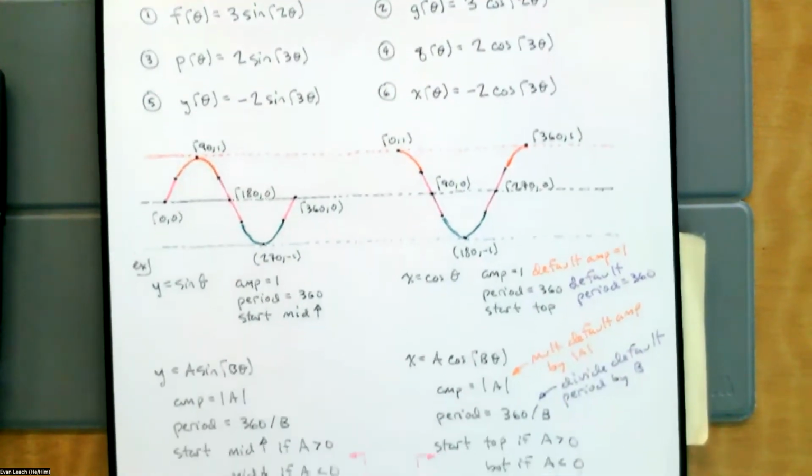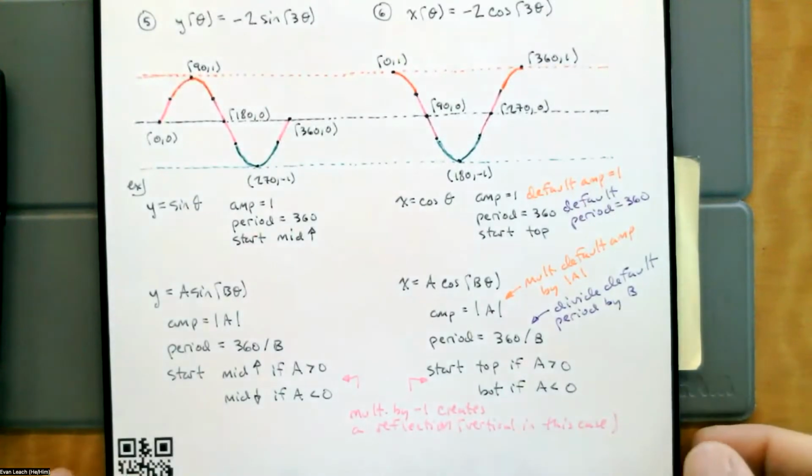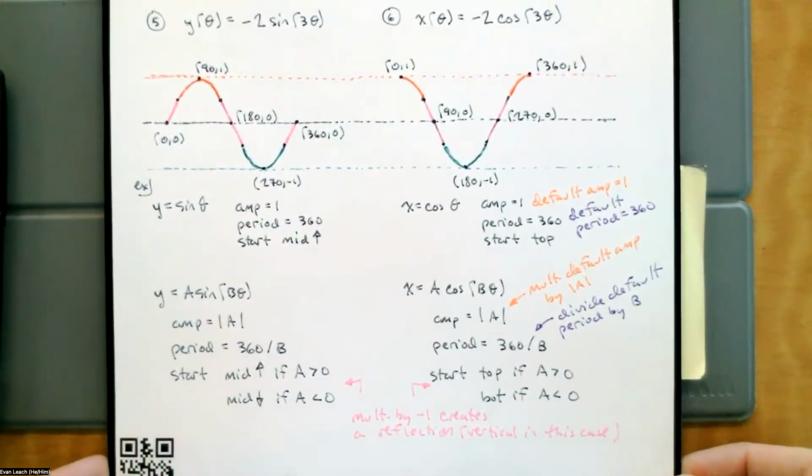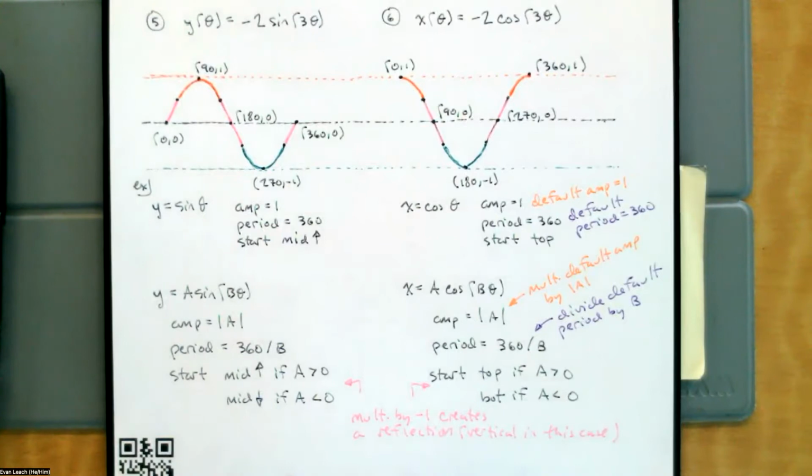So if I look at the function y equals A times the sine of B times theta, notice that I've just modified this with multiplication. A is multiplication outside the trig function. B is multiplication inside the trig function. The amplitude is the coefficient on the outside.